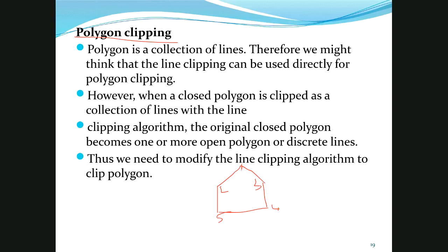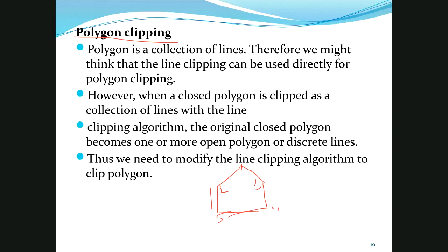So by using polygon clipping, first, if you have a closed polygon, it is clipped as a collection of lines. Normally we can define a polygon as a collection of lines. So see here, 1 to 2 there is one line, 1 to 3 there is one line, 2 to 5 there is one line, 4 to 5 there is one line.